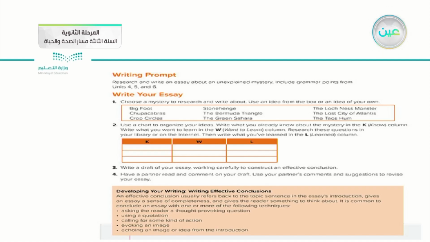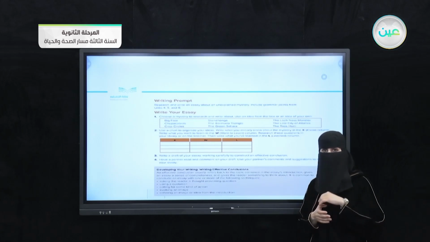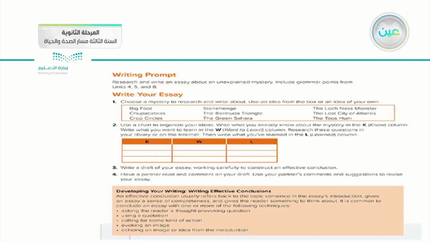Now, after we discussed the article and how we apply it in our essay, we also have some points we should apply in the writing passage or the writing prompt. That's the last point for our lesson today: the writing prompt. Research and write an essay about an unexplained mystery. Include grammar points from Units 4, 5, and 6.